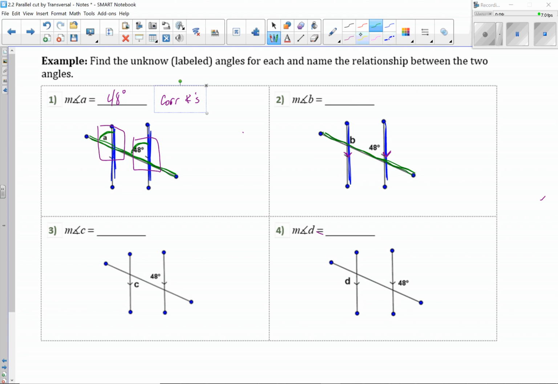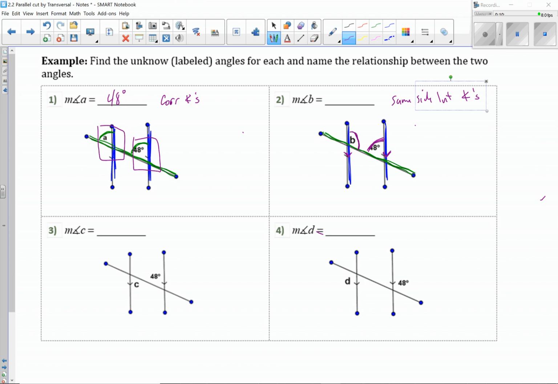So now I look and I say, okay, what do I got? I've got this angle here and this angle over here. They are both on the same side of the transversal and they are between the parallel lines. So that gives me same side interior angles. I abbreviated interior as INT.